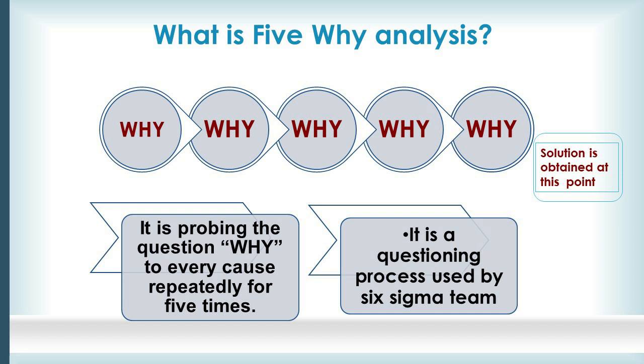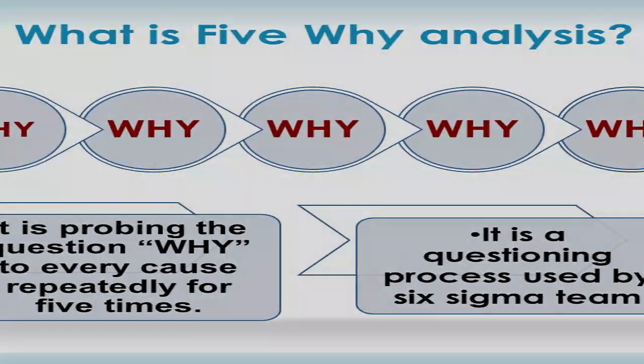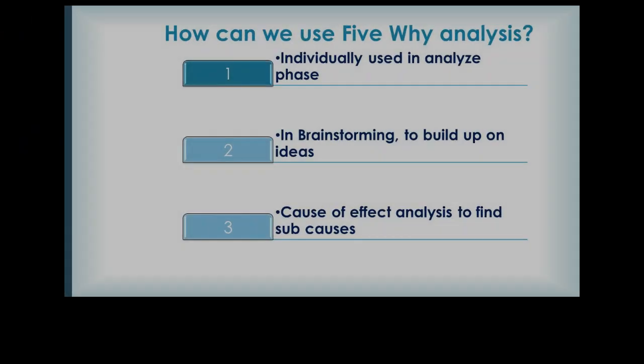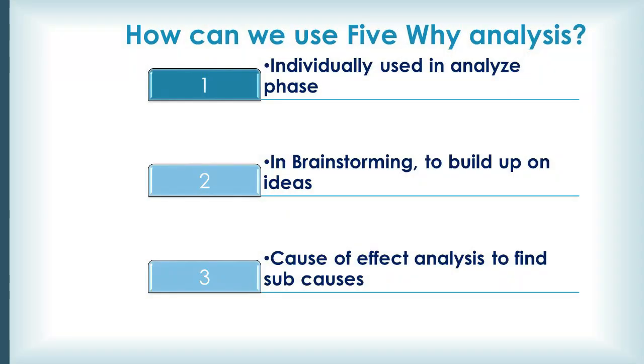You can use it 4 times, you can use it 7 times. But the important thing is you need to arrive at the root cause. Then you can stop. If you feel that this is the exact root cause and there are no more root causes involved, you can stop with that. We will see that with a simple example. At that point of time, we will be able to understand it easily. So don't worry about it now.